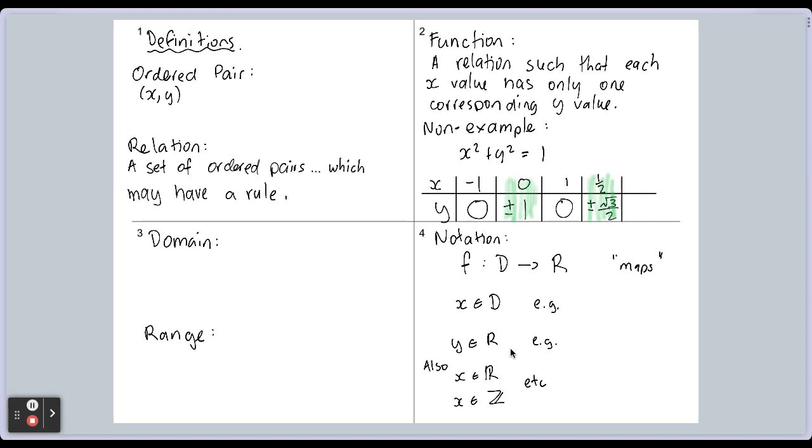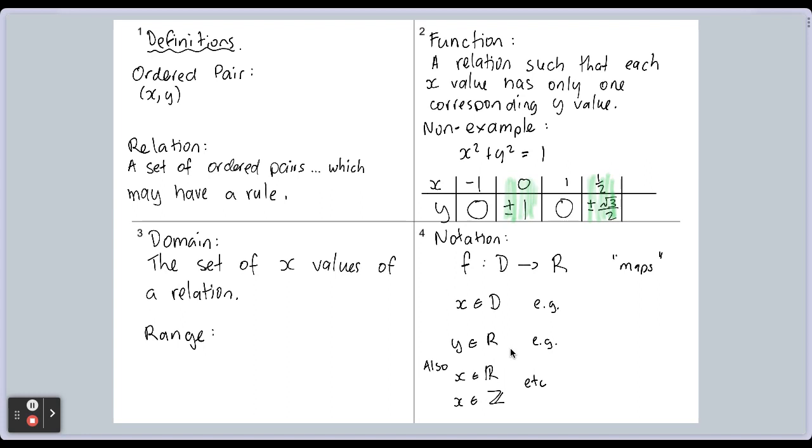I'll just formalize it slightly. Instead of saying all possible, which is legit, absolutely 100%, I'm going to say the set of. So I'm deliberately using the word relation here, remembering that all functions are relations, even though not all relations are functions.